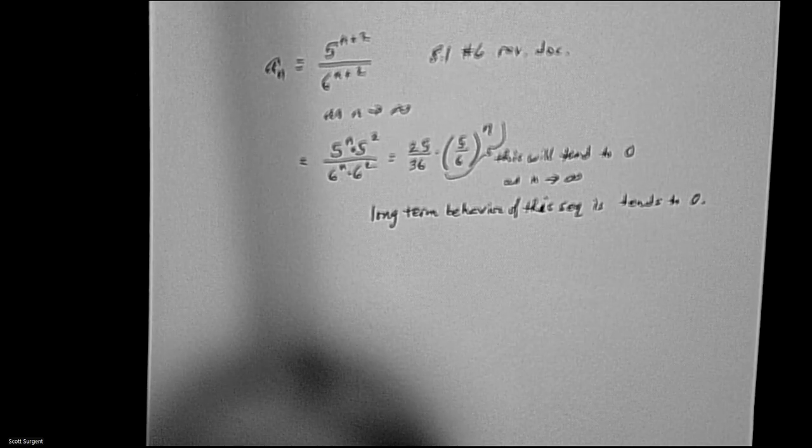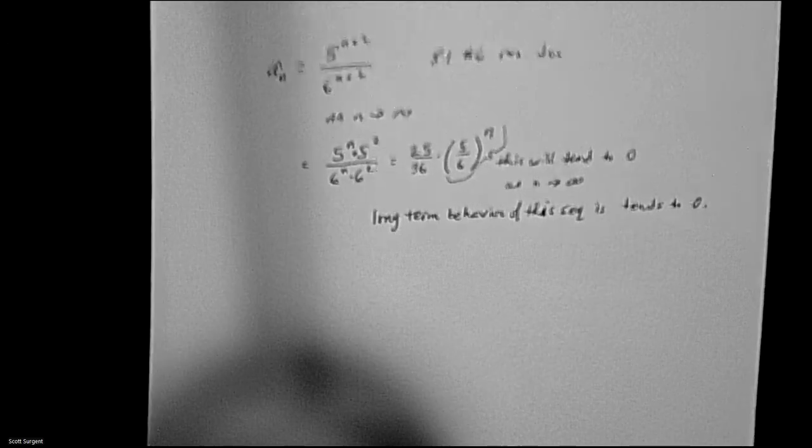And in the big picture, when you get to the rest of chapter 8, we're actually going to be looking at series that converge. And one of the necessary conditions for a series to converge is that the sequence converges to zero. If the sequence does not converge to zero, the series diverges. That's like a little stepping stone.